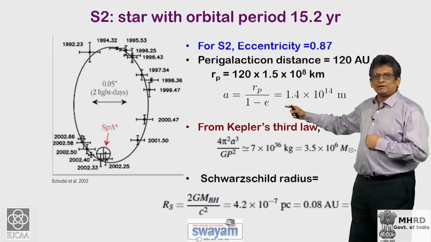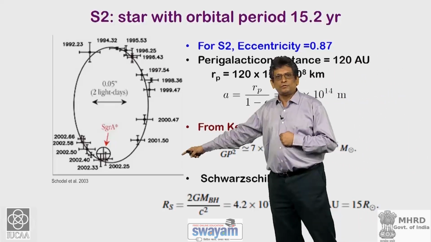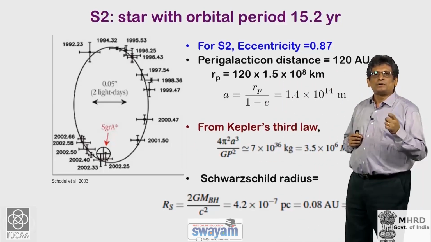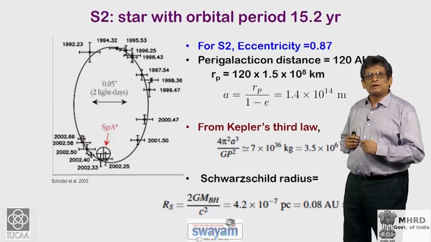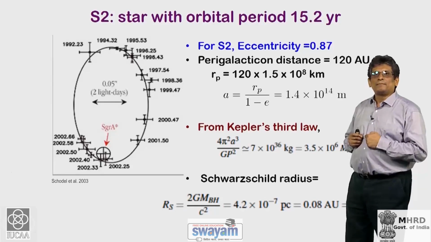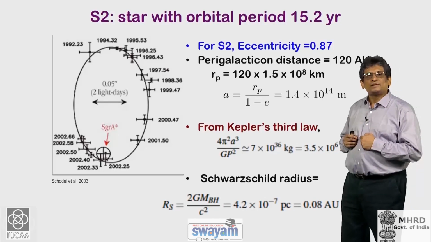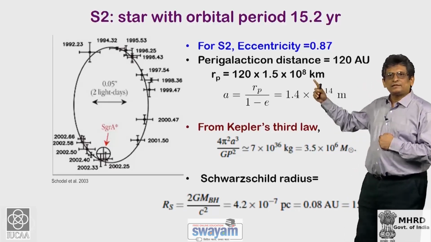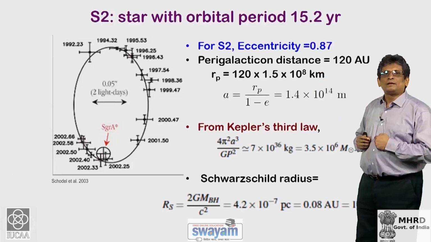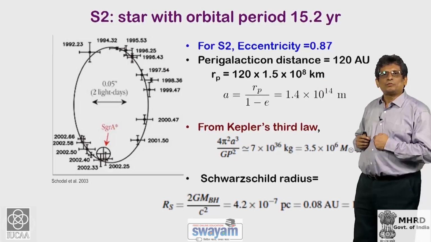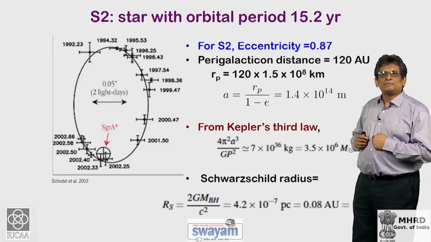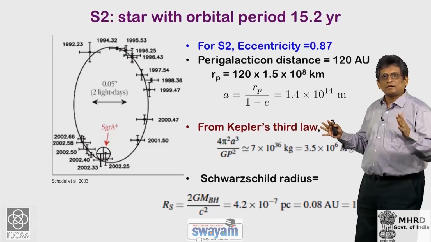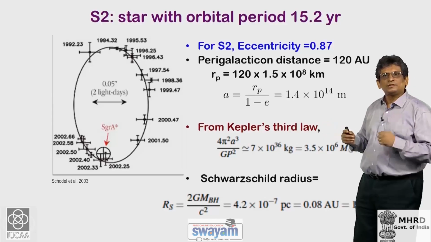And even as early as 2002, as you can see, one could measure from the measurements that have been done every year the elliptical orbit that it is on, and we could see that its distance from the focus where the unknown object is is about 120 AU. That's 120 times the distance of the Sun, so it's a very small distance.